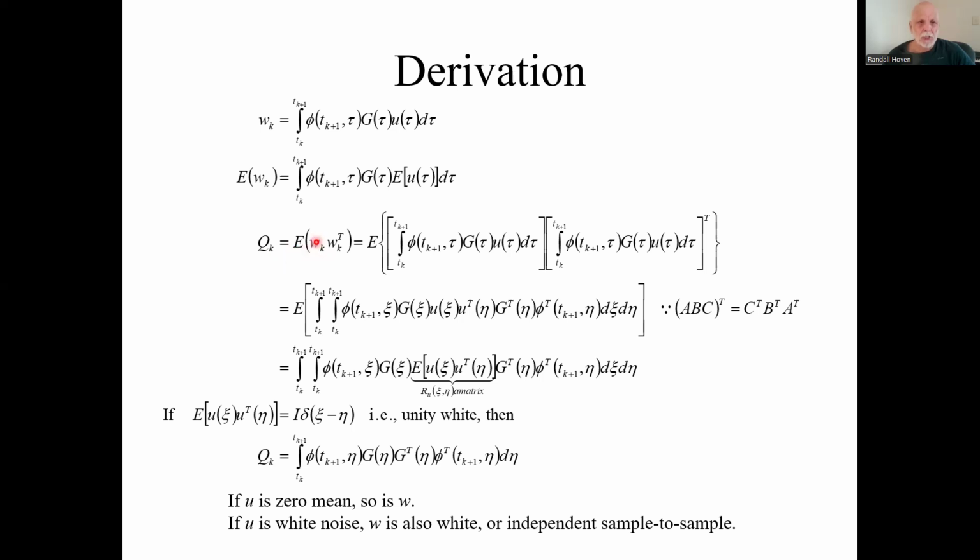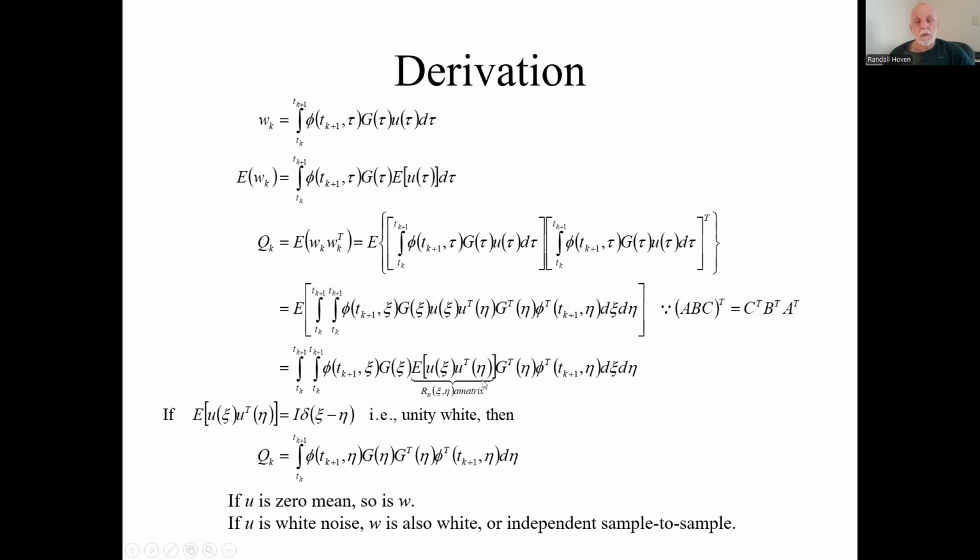And what is this guy? This covariance matrix? It means this, but I know what W sub k is, so I can find this expectation. This product of integrals becomes a double integral. We can bring the expectation inside the integral again. The only things random are this U at 2 different times.